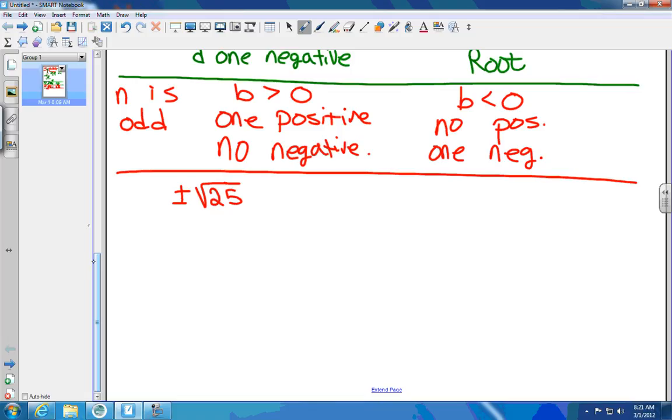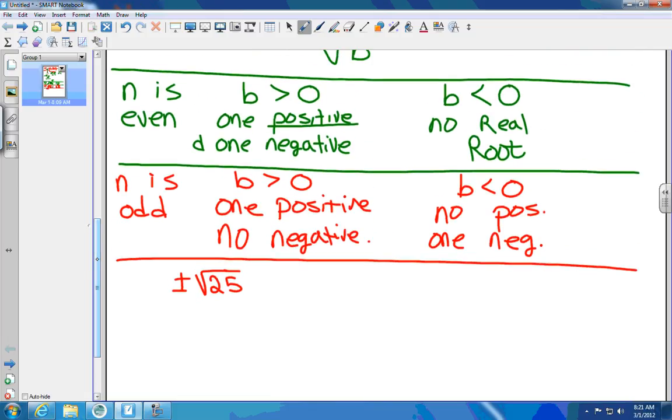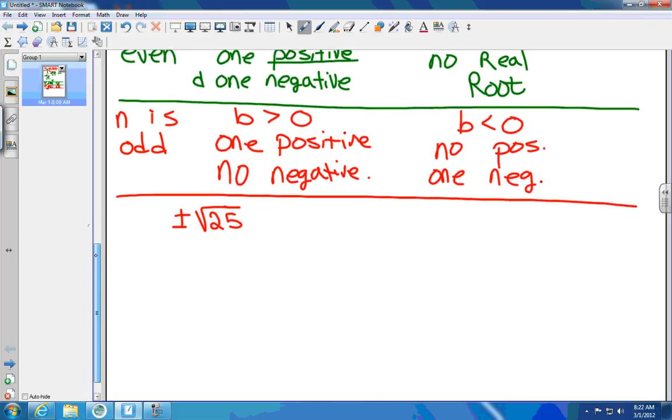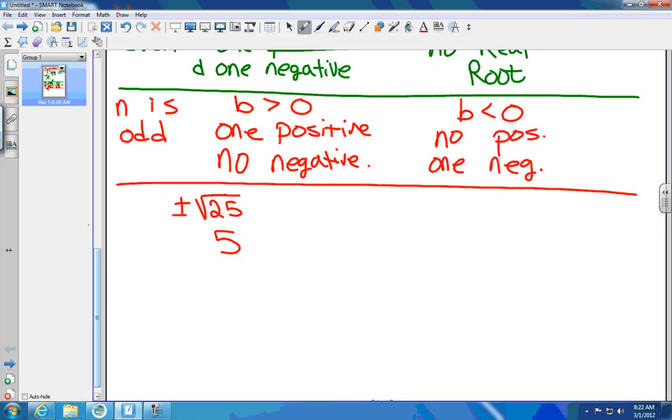If we look up at the table, and again, you don't need to on this one, but just for practice sake, is our n even or odd? It is even, and is this number positive or negative? So this is the one we're looking at, and it says we have one positive and one negative, but we only list the principal root there, which is 5. And then you just bring down, in this case, the plus or minus.